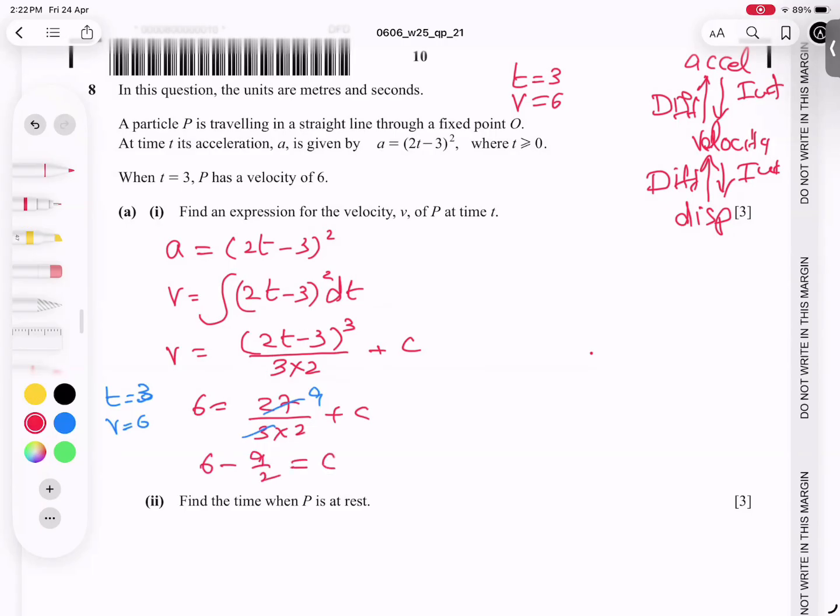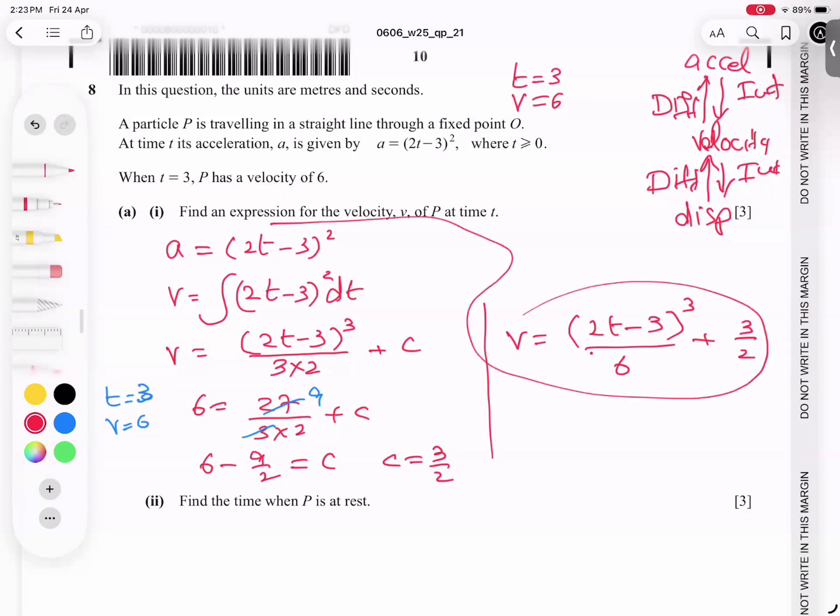And if you check the c value, 2 6s are 12, and we get 3 over 2. The c value is 3 over 2. I should not leave it. Put it back in the equation: v is equal to (2t minus 3) whole cubed by 6, plus 3 by 2. And this is the velocity. He was asking for the velocity expression.